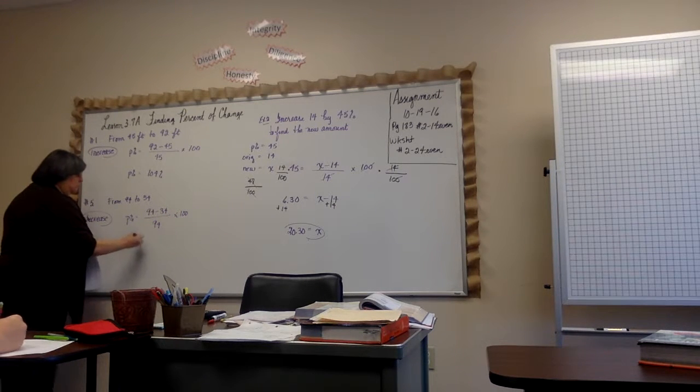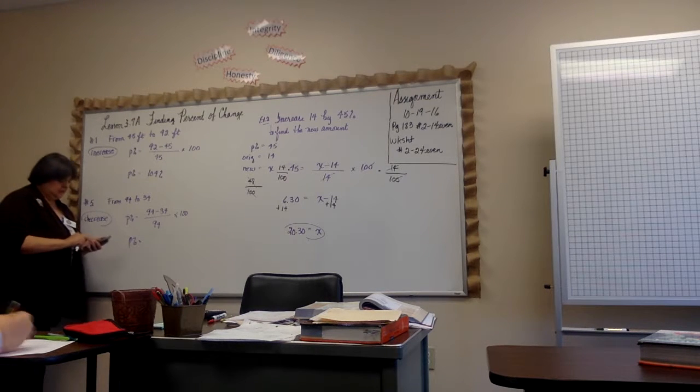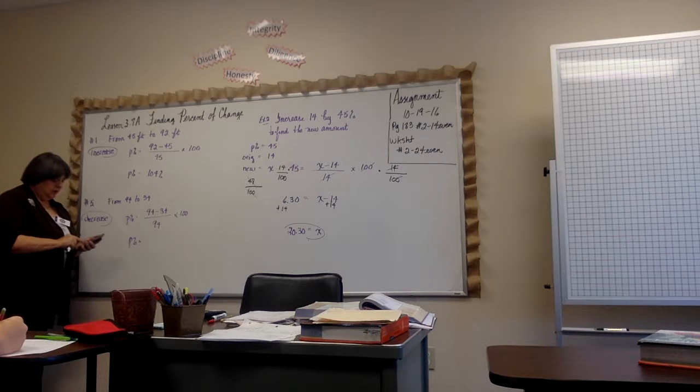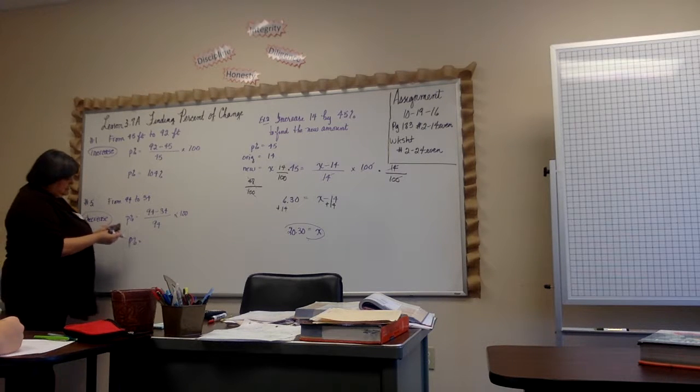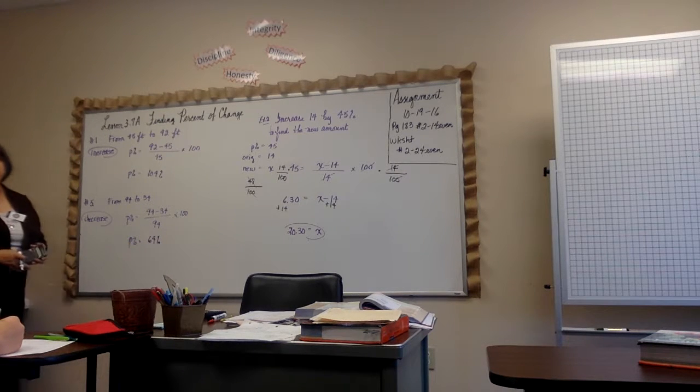And then we'll just punch it. So it's 94 minus 34 equals, divided by 94 equals, times 100. And this one, it's coming out 63.8. This one I will round to 64. They want us to round to the nearest percent. So that's how you do all 12 of these. Don't forget there's some on the back.